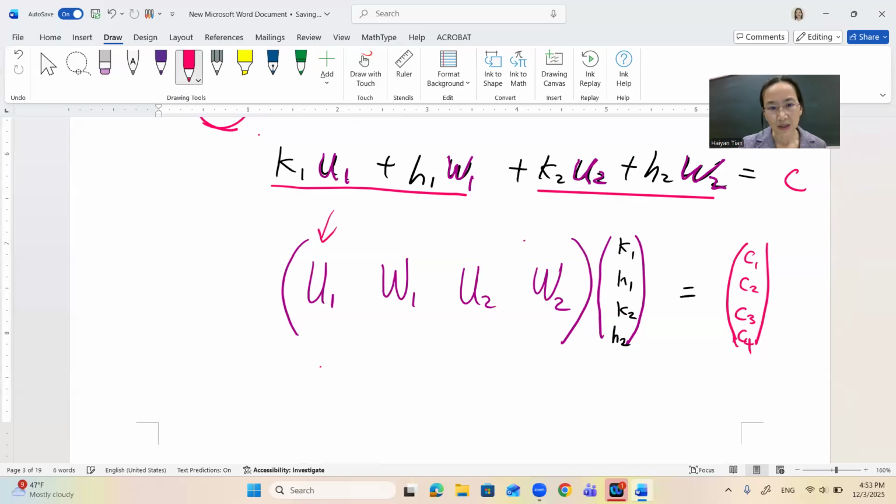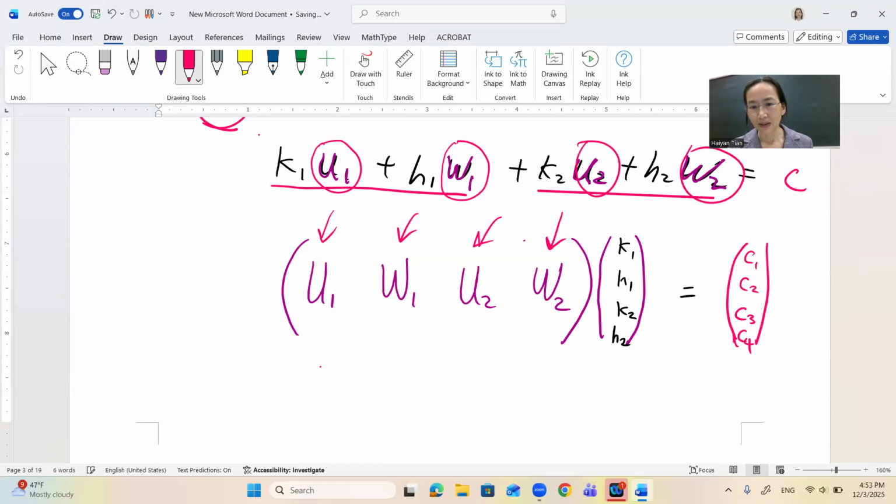This is, remember, the real part of that first eigenvector, imaginary part of the first eigenvector. I put them first column, second column, third column, fourth column, right? So the real part, imaginary part of the second eigenvector.